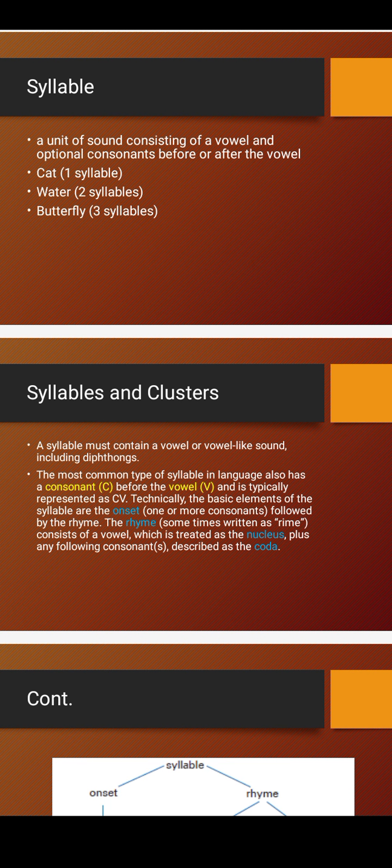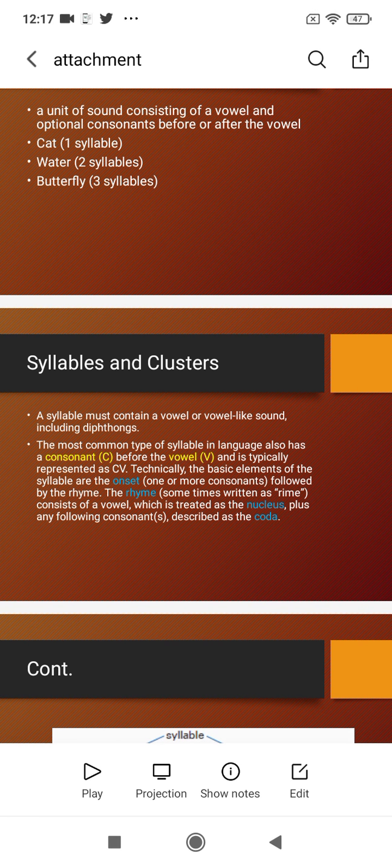Similarly, butterfly has three syllables; it is a combination of three parts. Fly has a vowel-like sound. Y is a vowel-like or semi-vowel sound, and it forms a syllable.